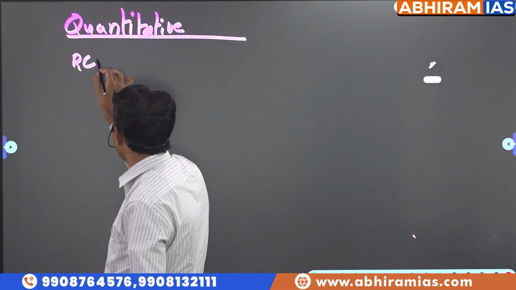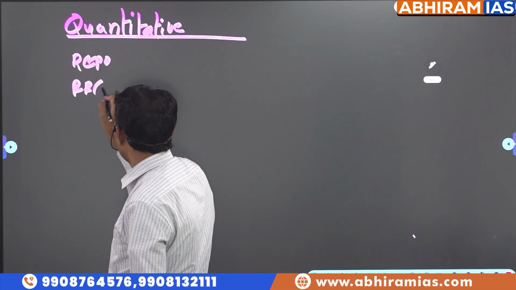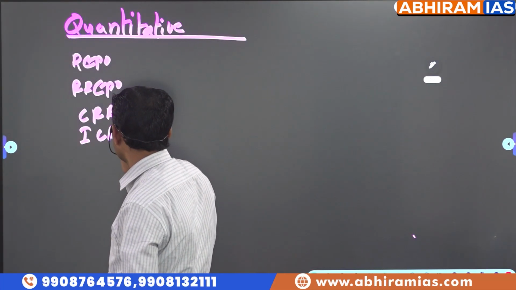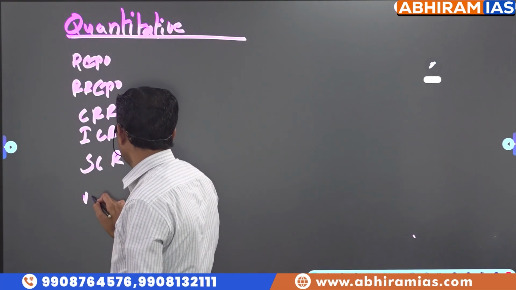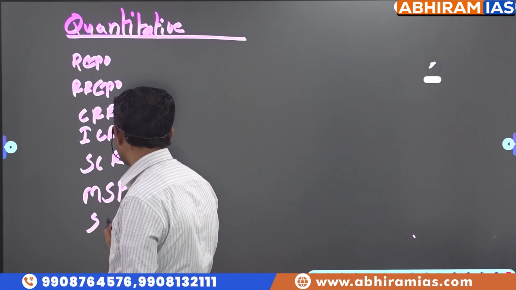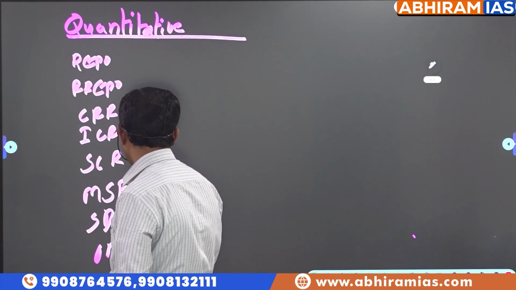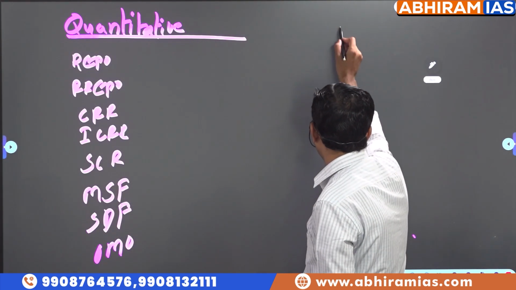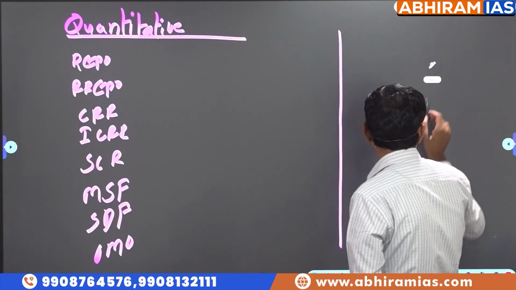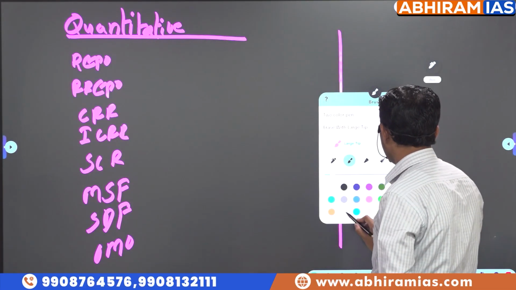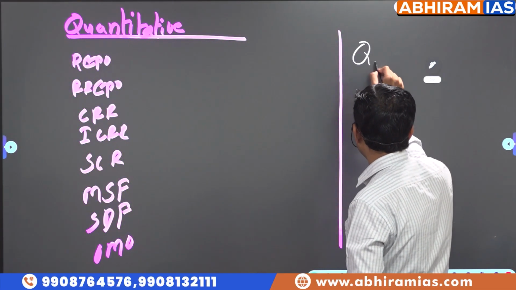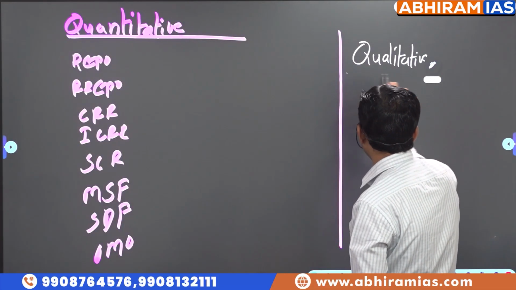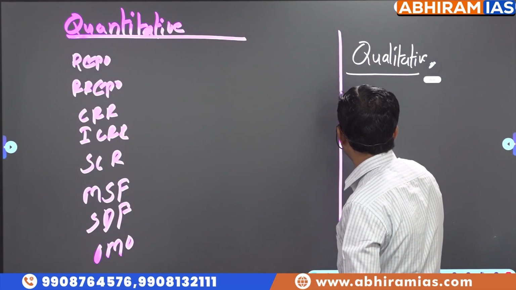Repo rate, reverse repo rate, CRR, incremental CRR, SLR, MSF, SDF, OMO, open market operations. So these are called quantitative tools. And there is something called qualitative tools. The name itself says you can estimate the change in money supply with numbers. That's why they're called quantitative tools.